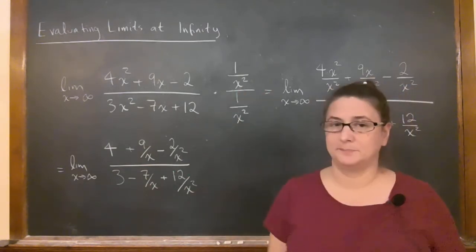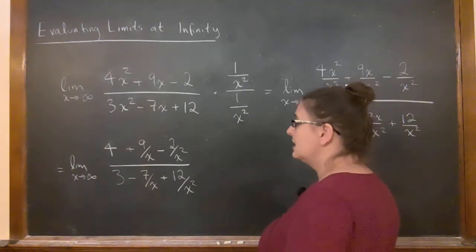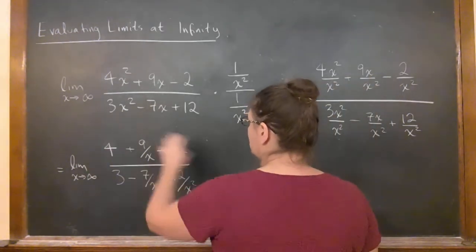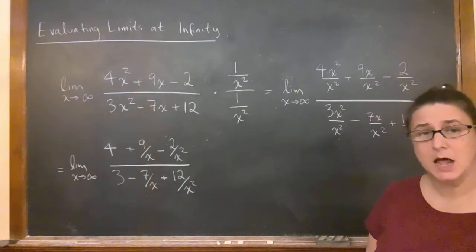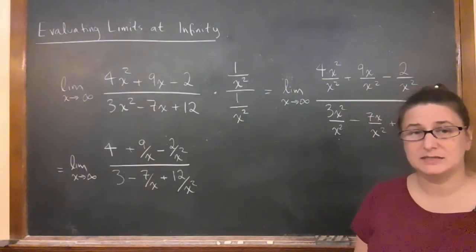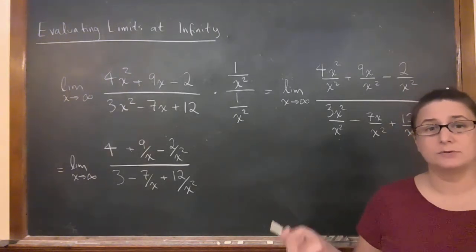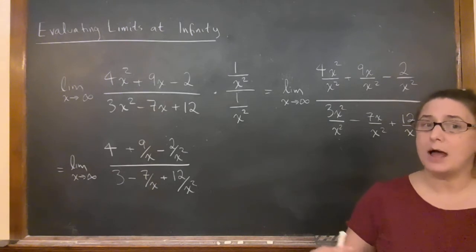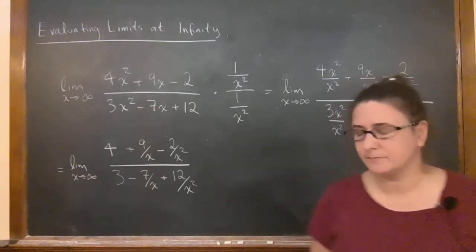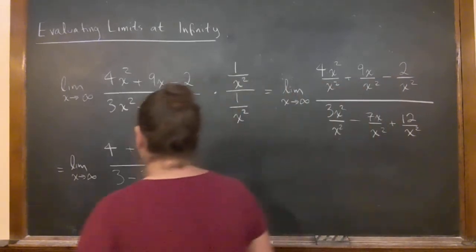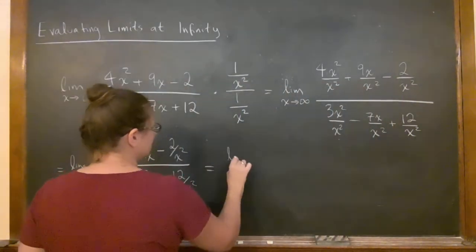So that's fine. Okay. So now, if I take the limit of the top and the limit of the bottom, as x goes to infinity, I'm no longer getting something that's infinity over infinity. All of these limits are now going to a finite number. So now I can use my limit laws because my limit isn't going to infinity. Okay? And so you can see what's going to happen. In fact, I'm just going to write it once this way.